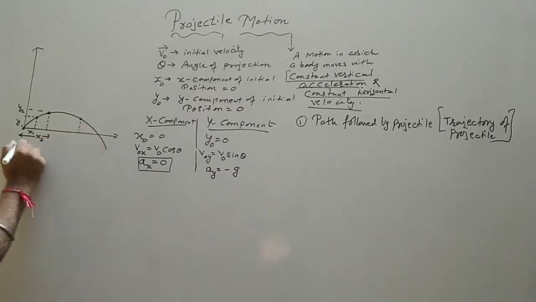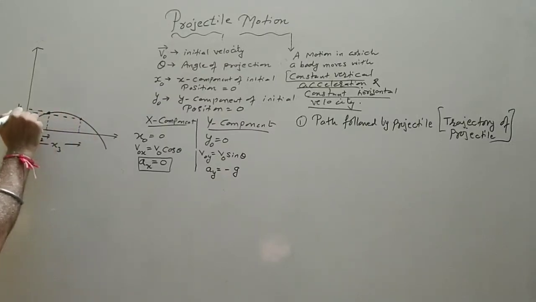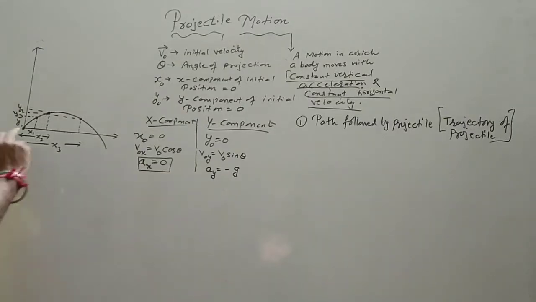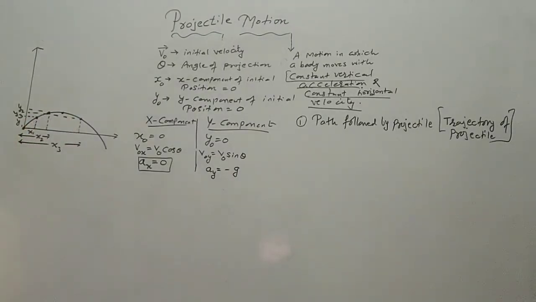So this will be its x coordinate, say at instant number 3, x3, and this will be its y component, say at instant number 3, y3. So the x component and the y component of a projectile keep on changing. It is moving along the horizontal axis and going in the upward direction, and this is its maximum height.